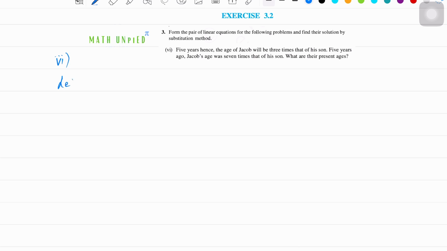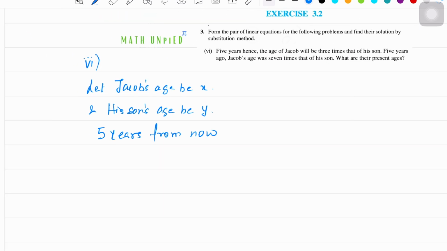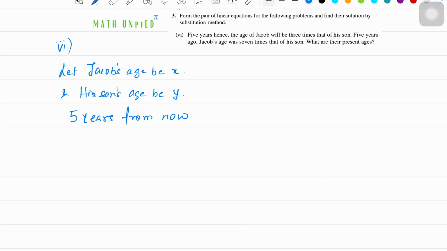Let Jacob's age be x and his son's age be y. So 5 years from now, the condition is Jacob's age will be 3 times that of his son.